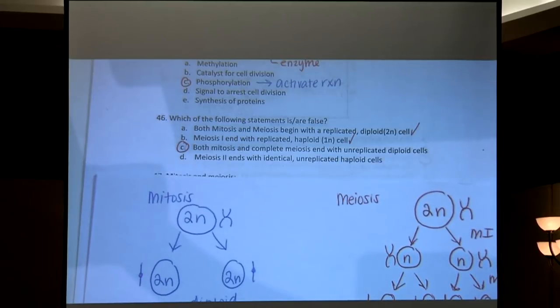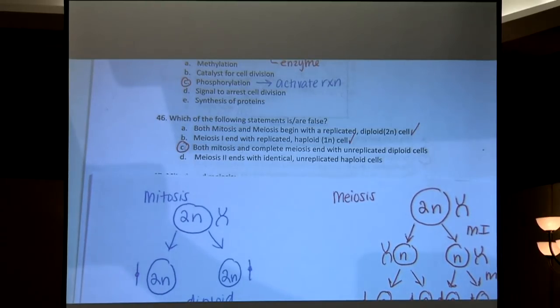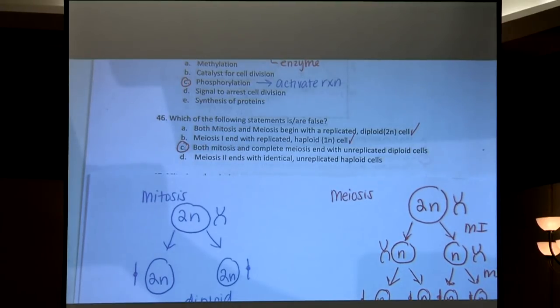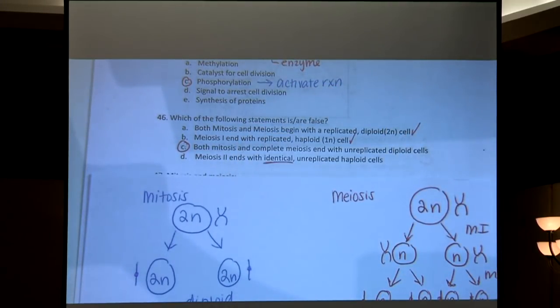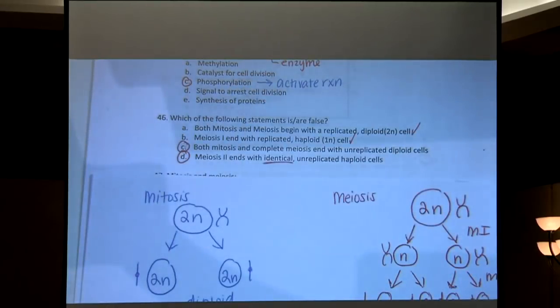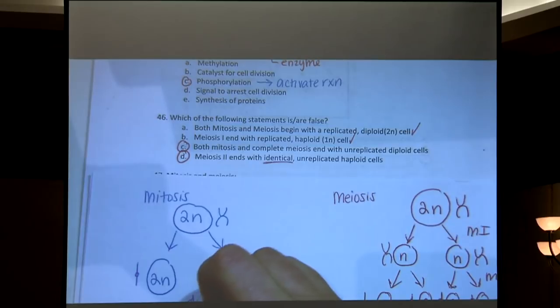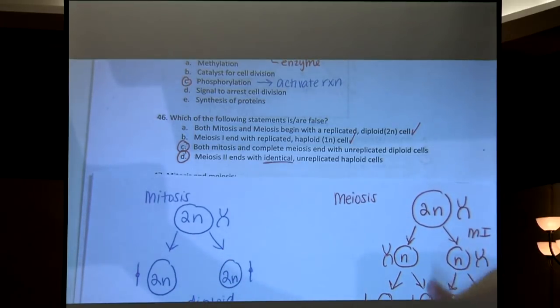All right. And then does meiosis 2 end with identical unreplicated haploid cells? Is this true? Are we sure? So just be very careful with the wording. We have identical here, which would make this false. In the case of mitosis, they would be identical. However, for meiosis, these would not be identical. All right.